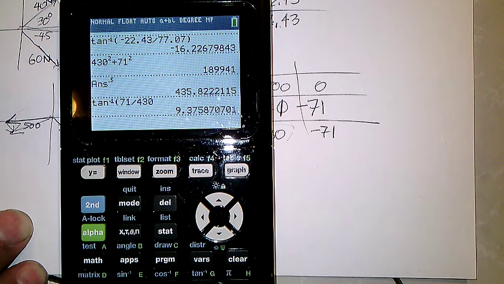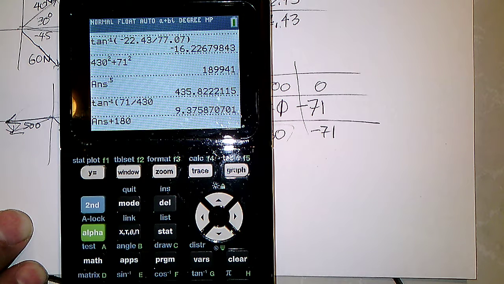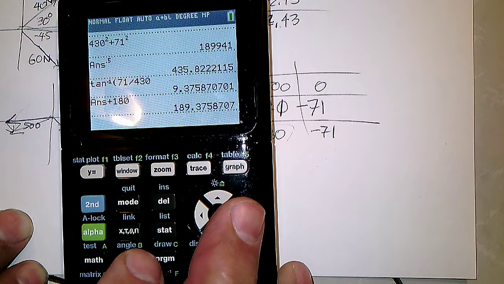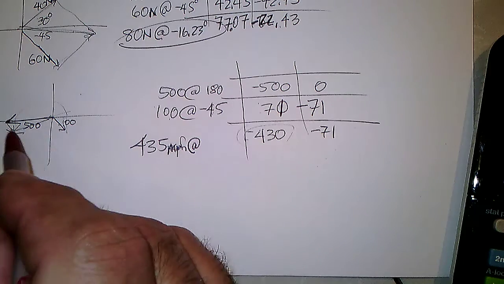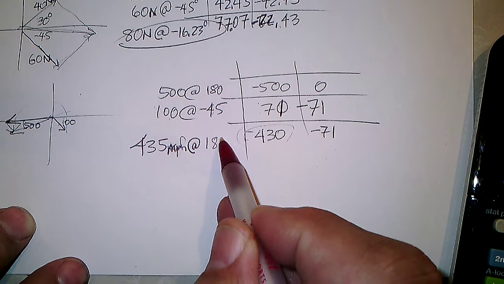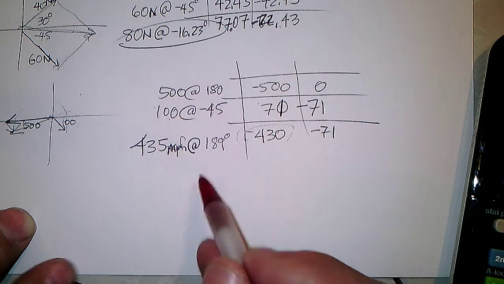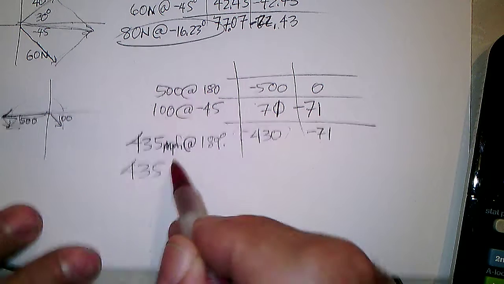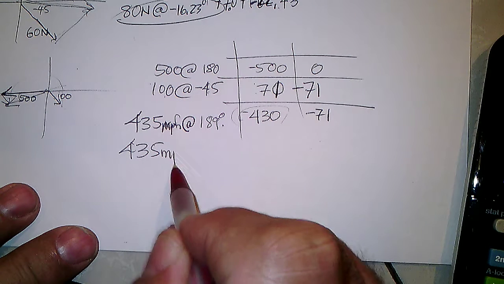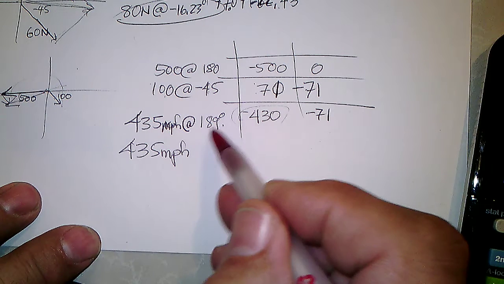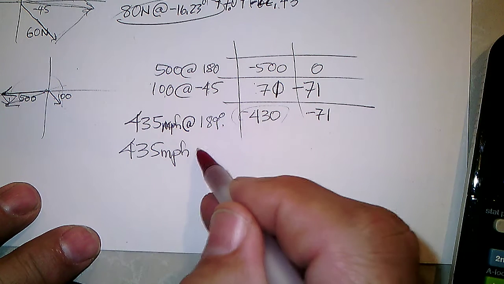And then add 180 because the x was negative. So it's 189, 9 degrees down here, or an angle of 189 in trig, which means it's going 435 miles per hour at a heading of 9 degrees south of west.